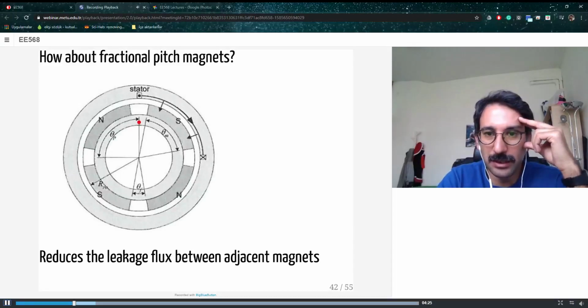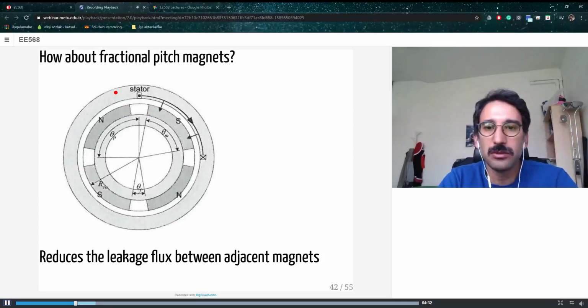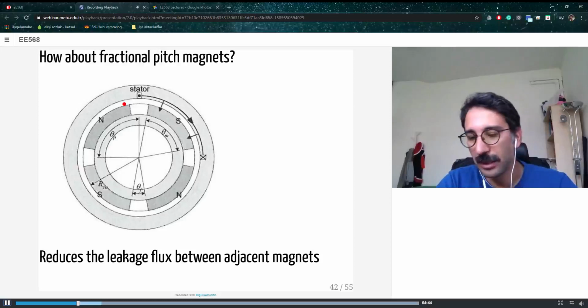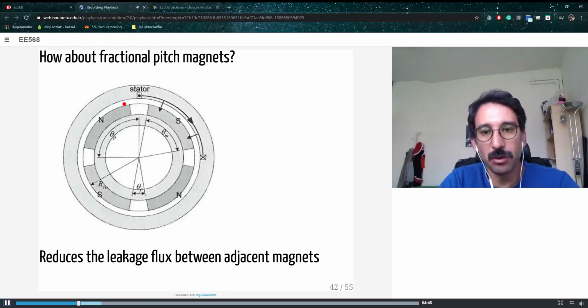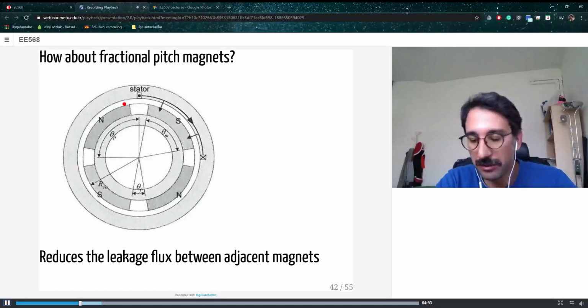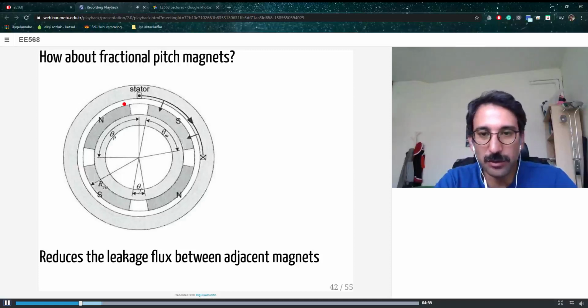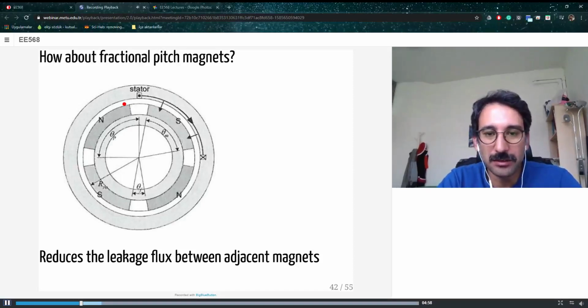Here the magnets are not touching each other, so it is easier for flux to go through the air gap than to go to the south pole through the air gap distance between two magnets. So you reduce the magnet mass, so you reduce the cost, but the flux linkage in the coil is not decreased that much. So there's an optimum point, which is one of the objectives of optimization in electrical machines.